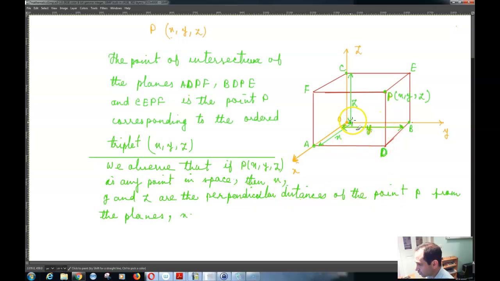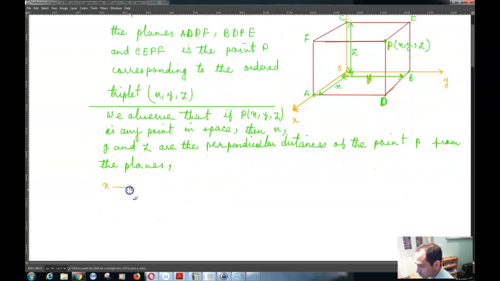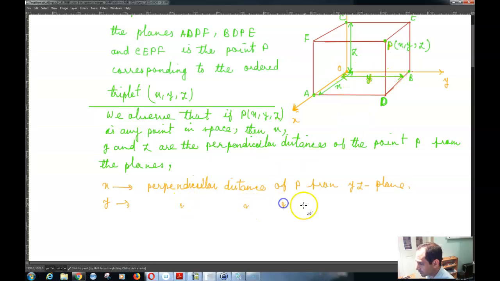and your X coordinate of the point would be the perpendicular distance of P from the YZ plane, and the Y coordinate of the point is the perpendicular distance of P from the XZ plane.